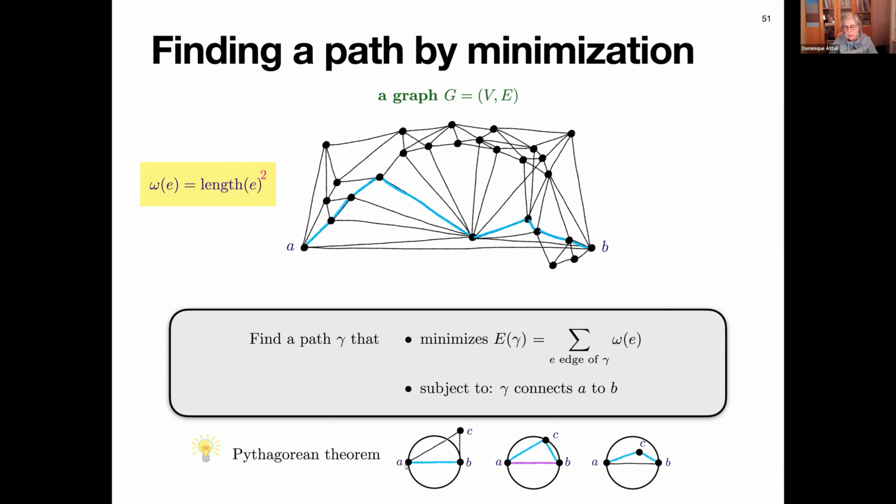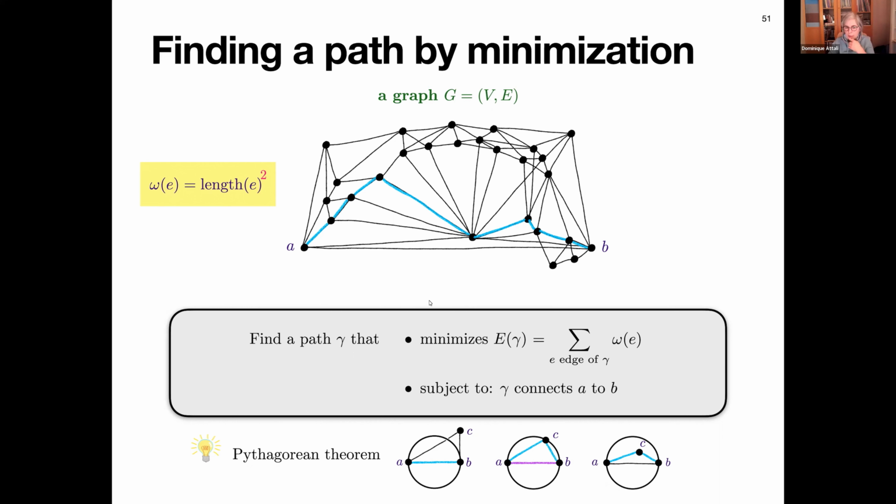Then it's shorter to take the segment AB. But as C is entering the disk, because of the Pythagorean theorem, it becomes more interesting to pass through the point C. It will provide you a shorter path.